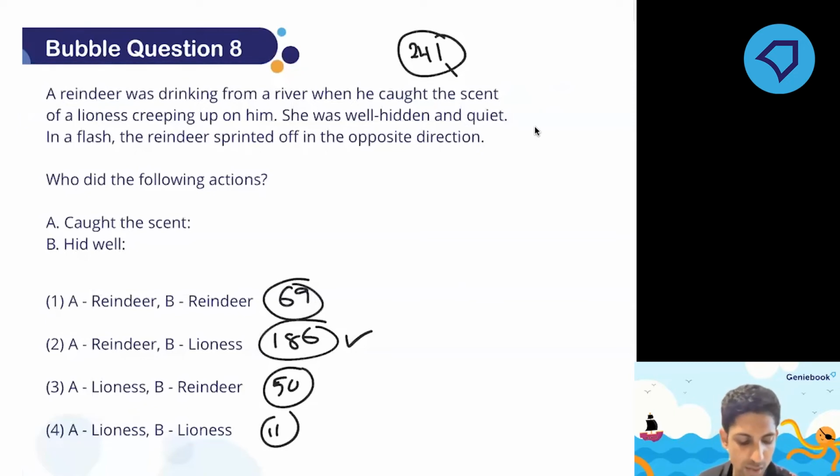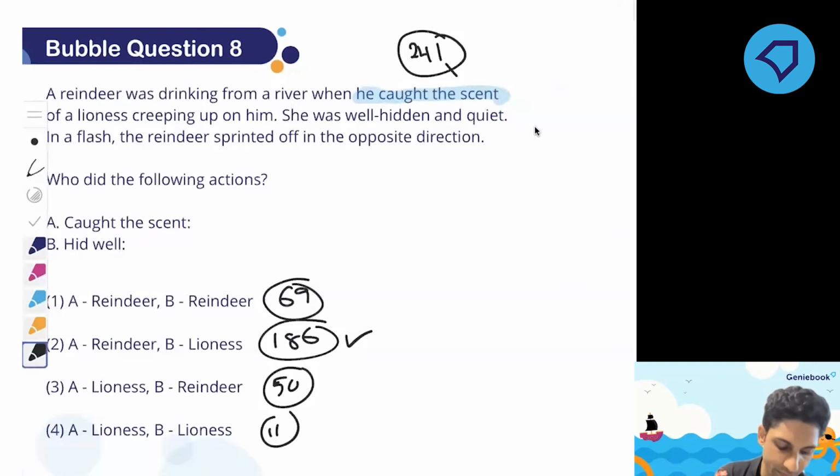Who did the following actions? Caught the scent. When you catch the scent means, hey, what's that smell? Let's find that phrase. Caught the scent. Hey, when he caught the scent. Do you realize there's a male and a female character in the story?